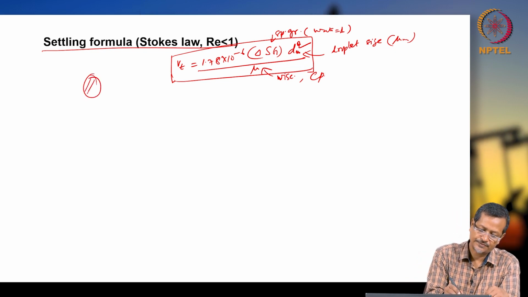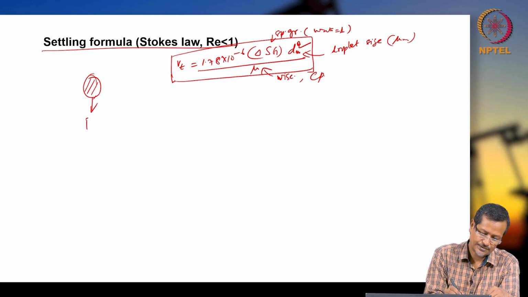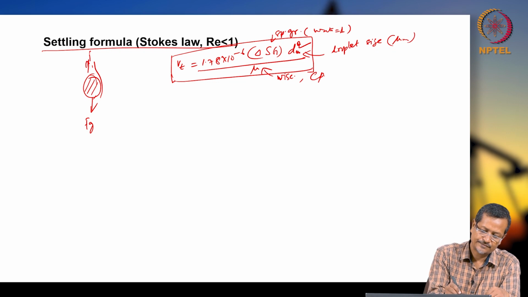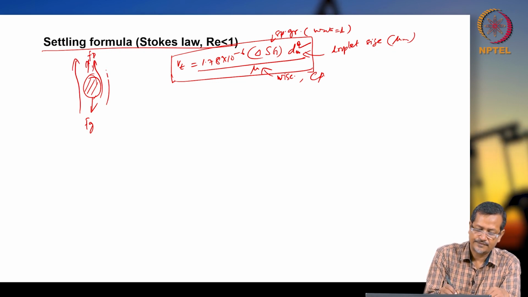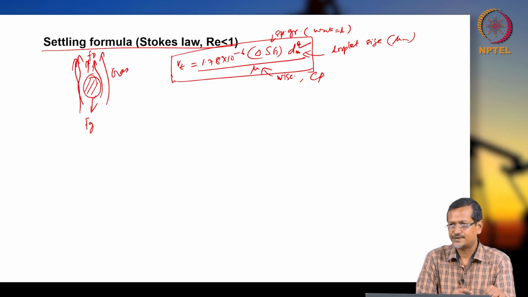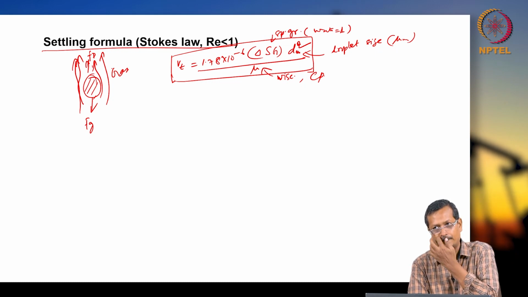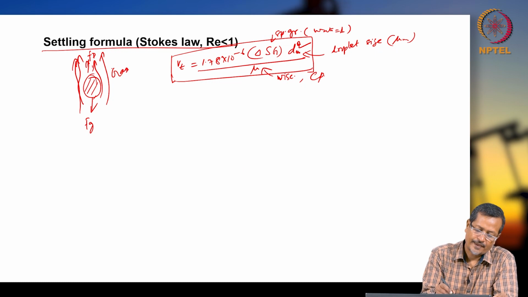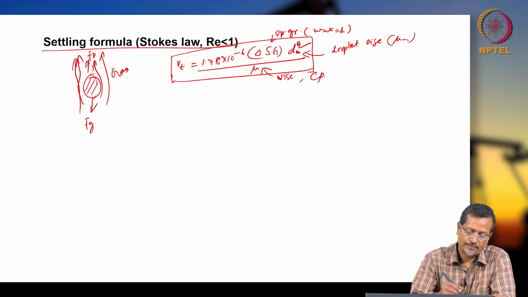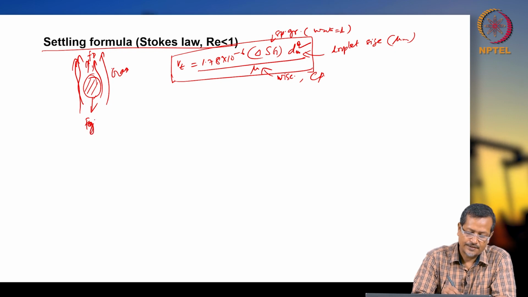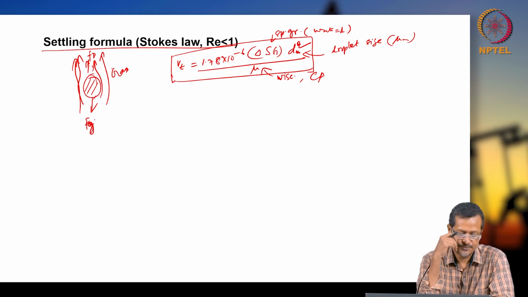Now you draw this picture, gravity, and you are getting drag force, because when gas is moving up, gas will be trying to move the particle up, because it will be dragging. So that's why drag force will be upward, and the force due to gravity Fg we are writing.